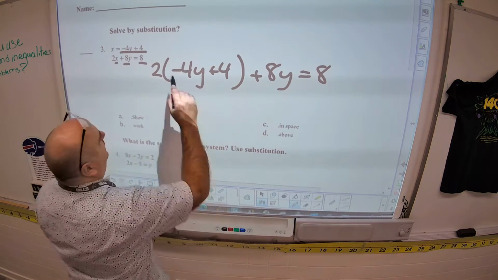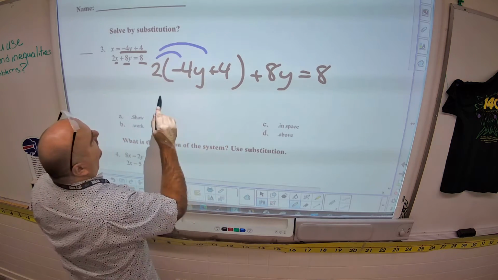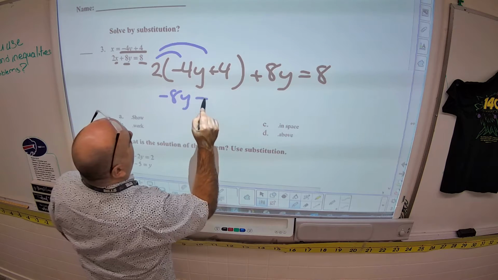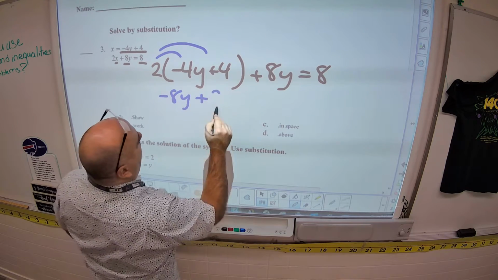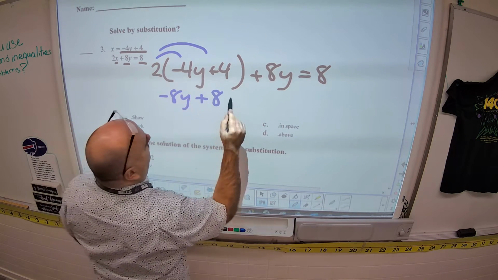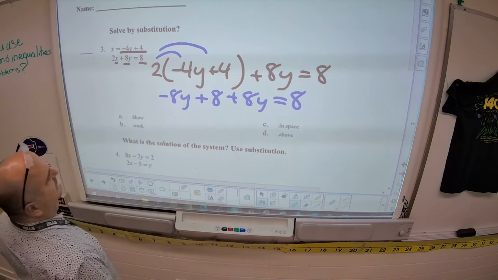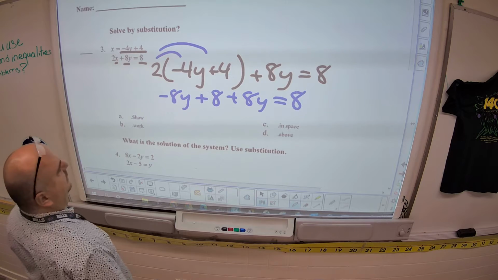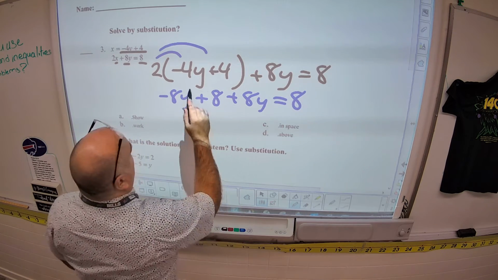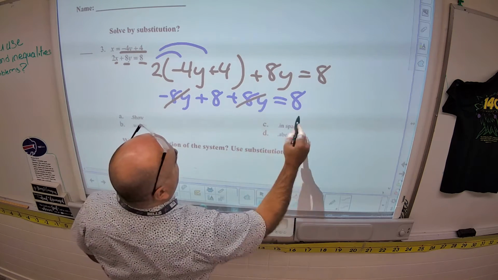When I do the math on this one, I'm going to distribute, and I get -8y plus 2 times 4 is 8. So be careful, make sure you distribute to both. Plus 8y equals 8. Oh, gee whiz, and this one cancels, and I get 8 equals 8.